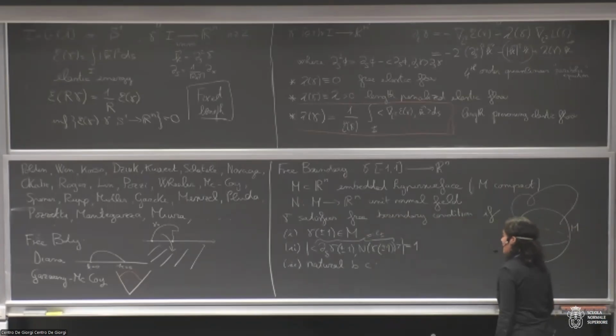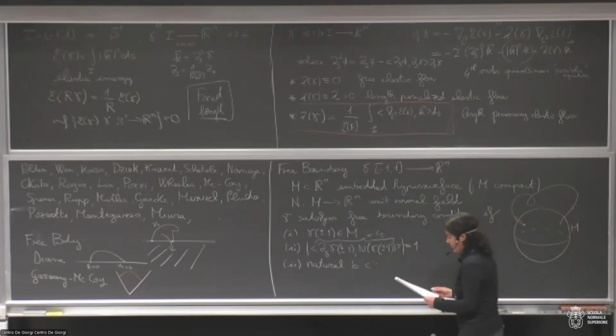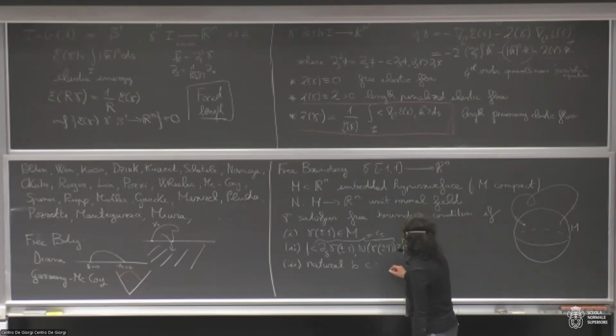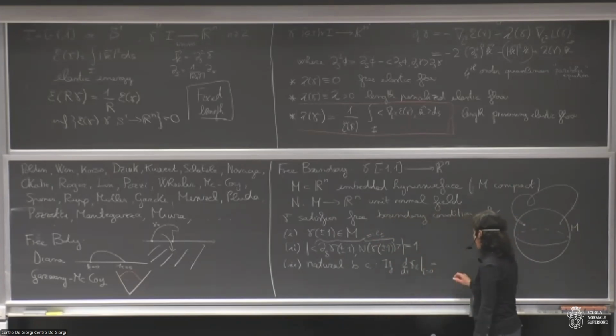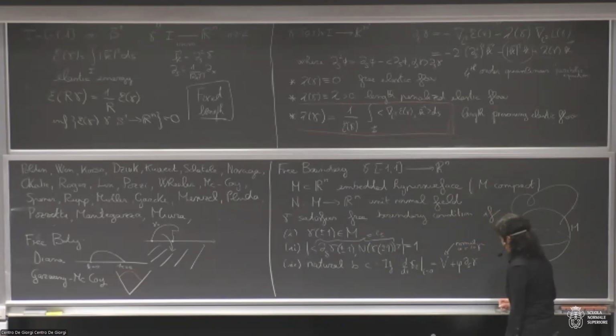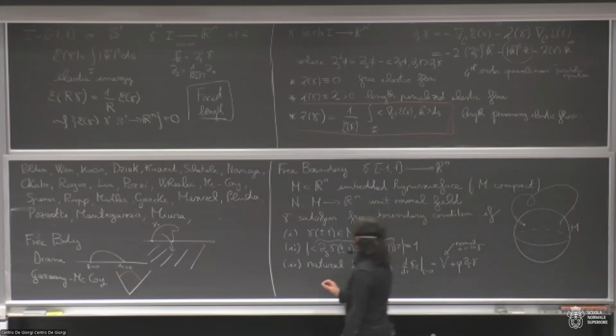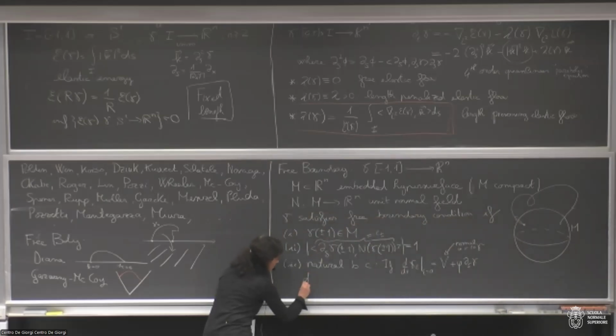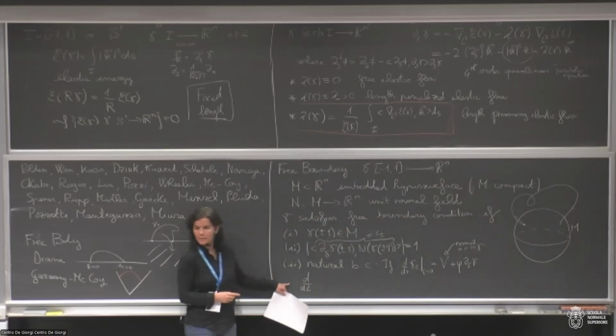Okay, so this natural boundary condition we can get from the first variation. So if we take variations of curves such that the first order is given by a normal part V plus a tangential part, so that is normal with respect to the curve gamma. Then let's look at how the first variation looks like. Can you read if I write here?